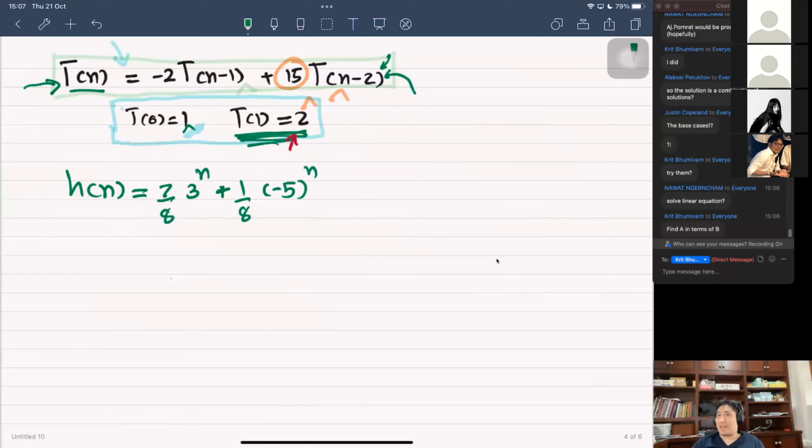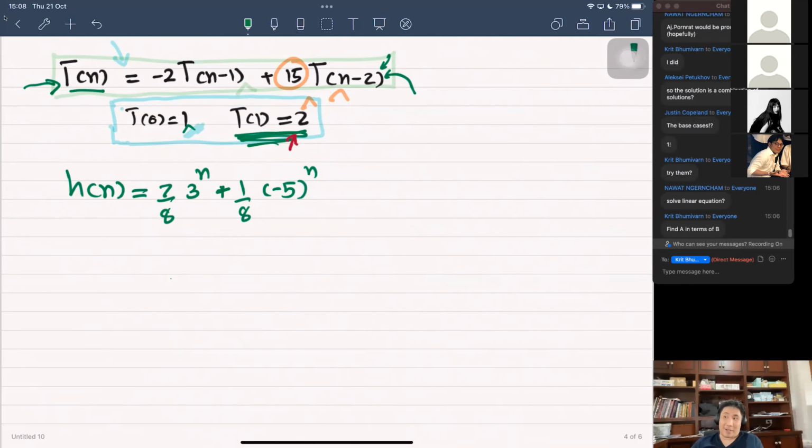Those are a and b, I just plug them in. This requires zero imagination, except you have to guess, like I said. Any questions so far?